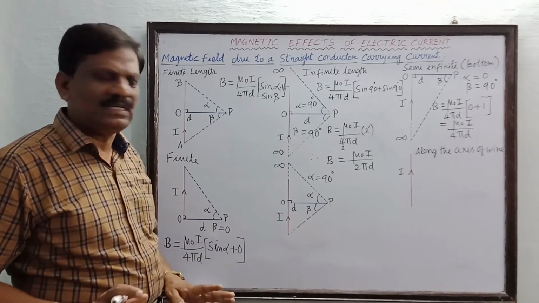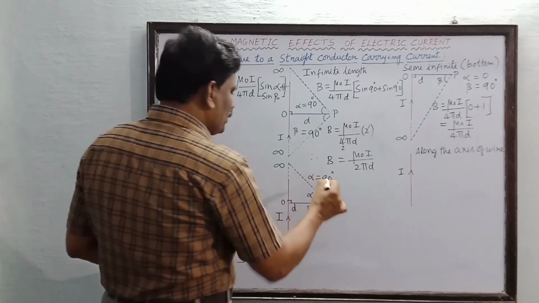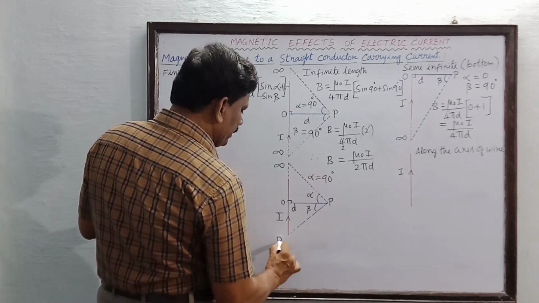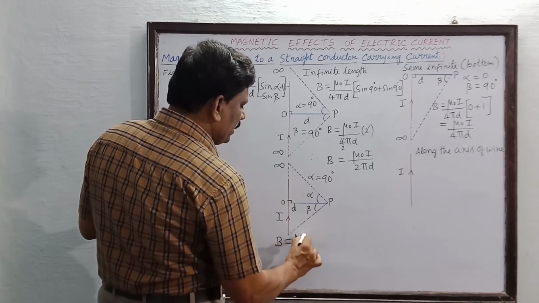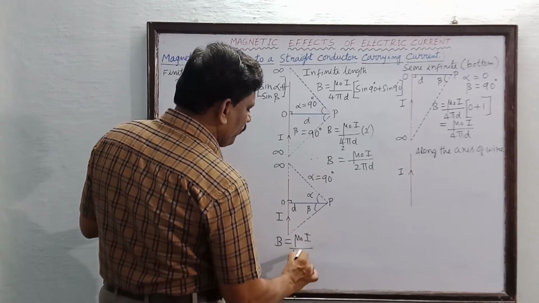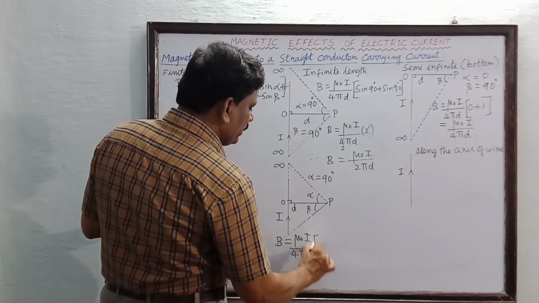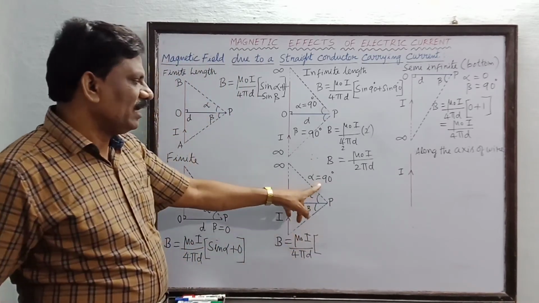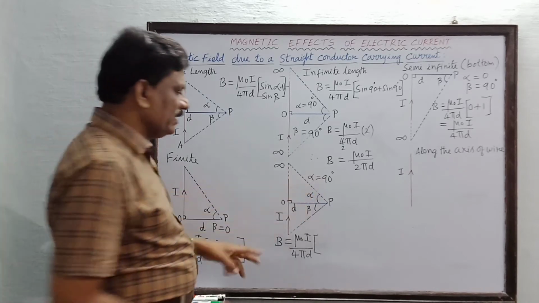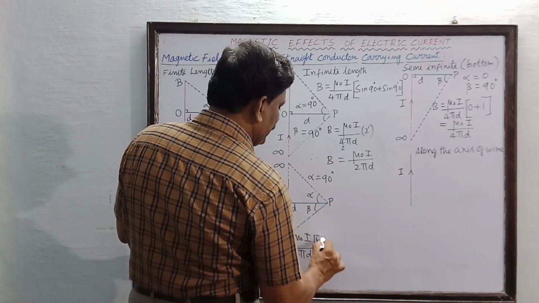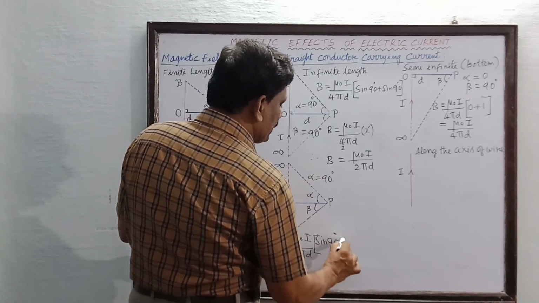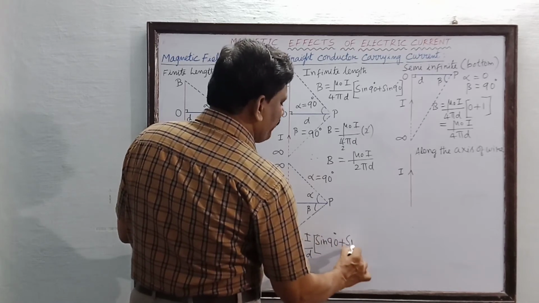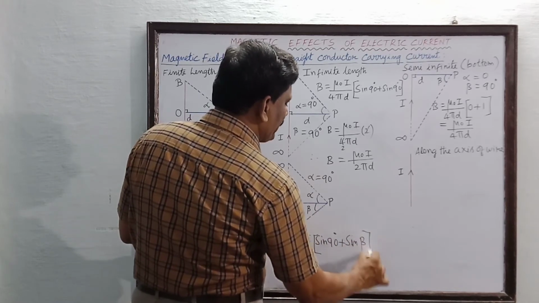In this case, the magnetic field B is equal to mu naught I divided by 4 pi d into sine alpha plus sine beta. Sine alpha is sine 90, is it not? So this is sine 90 plus sine of beta, where beta is fixed.